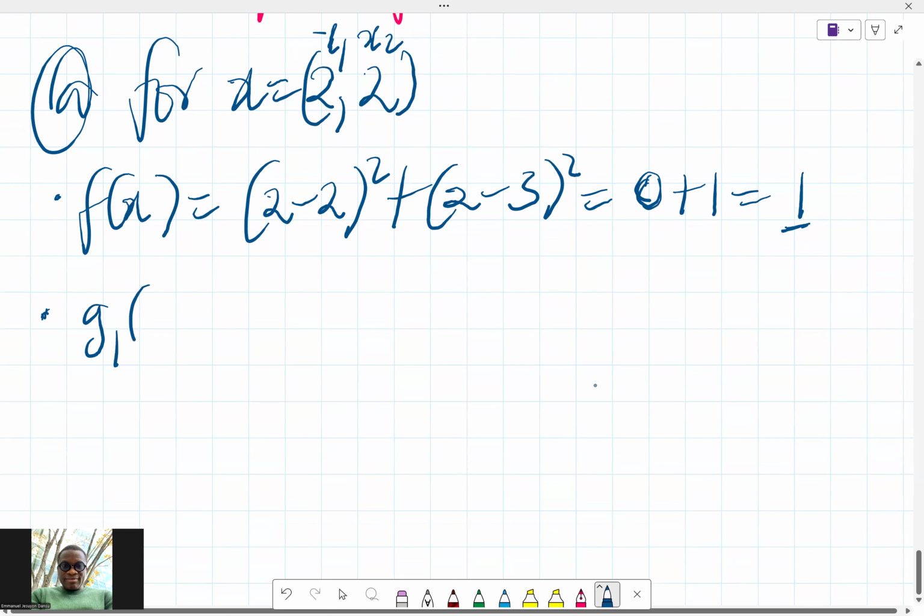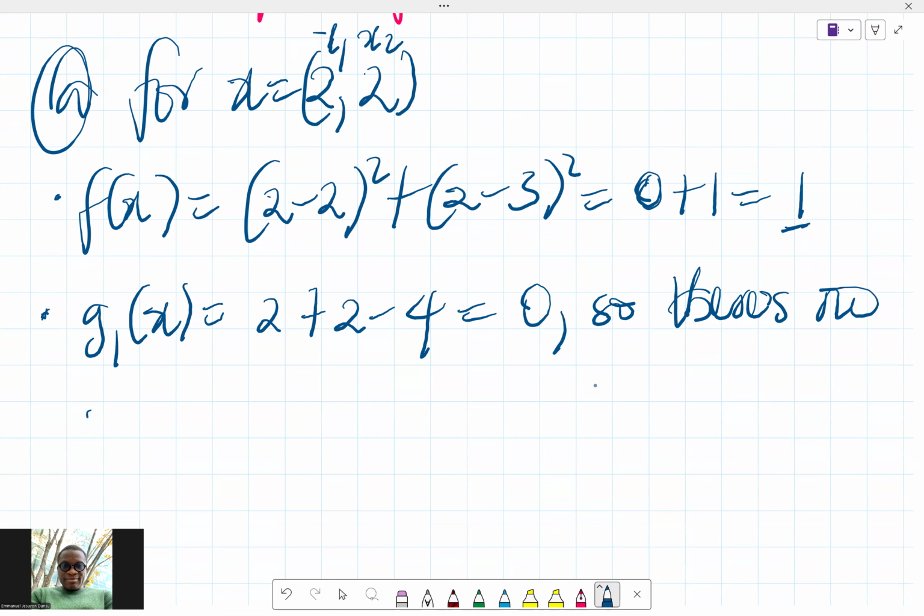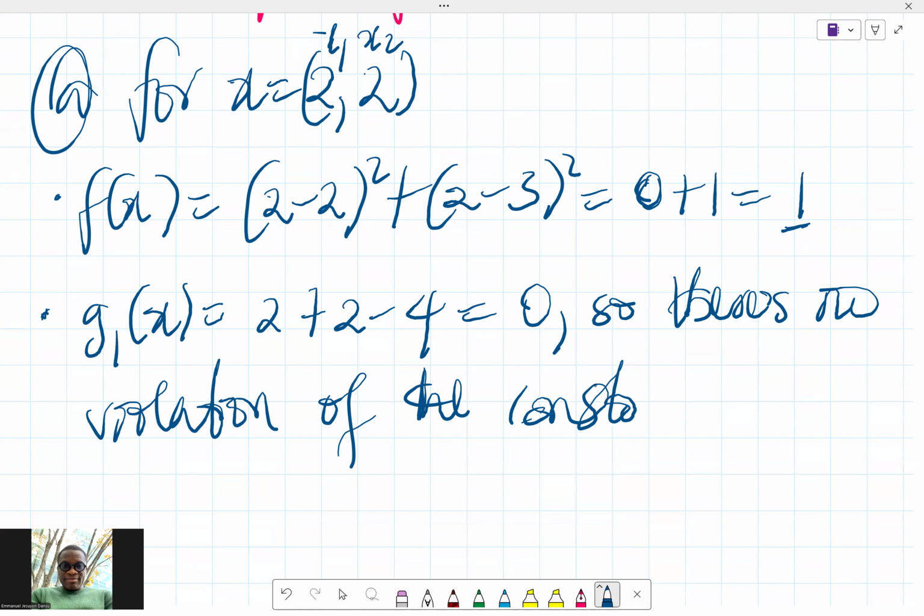Then we have the inequality constraint, which is now x1 plus x2 minus 4. That is simply 0. So there is no violation of the constraint. Okay.